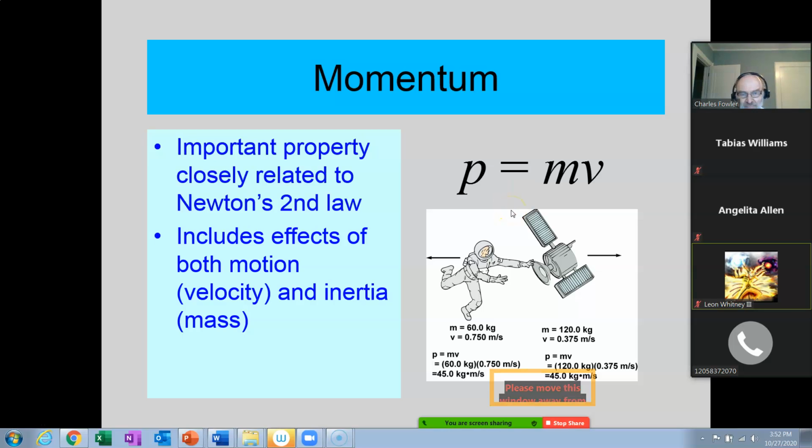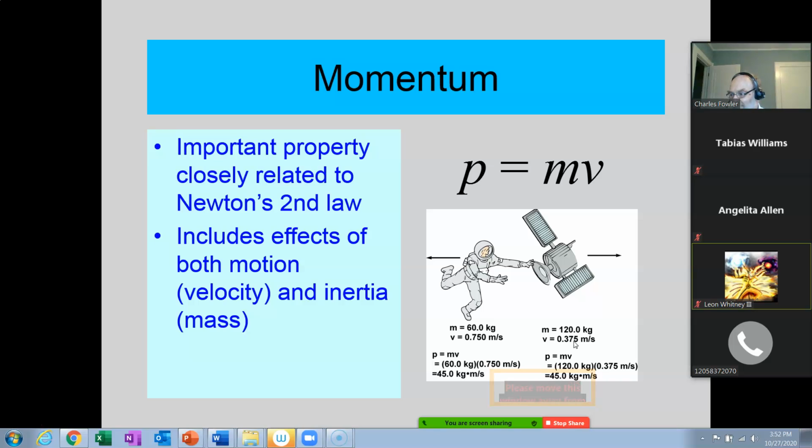However, when the astronaut pushed on the spacecraft, it pushed the astronaut this way, the spacecraft this way. Mass of the astronaut was 60 times the velocity of the astronaut, 0.75. So 3/4 of 60 would be 45 kilogram meter per second. Notice that's the unit we have for momentum. But that's to the left. Okay. The spacecraft, though, moved to the right. It had a mass of 120, and this was 3/8.